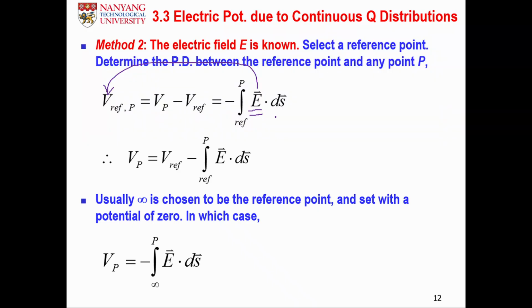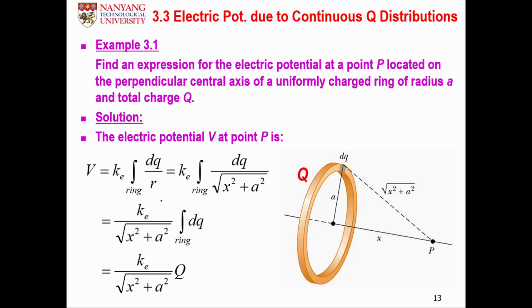As we just mentioned, the most typical application of Gauss's law is to determine electrical field E. And if you do that, you determine the E first, and then move on with this one. You can also determine the electrical potential V.